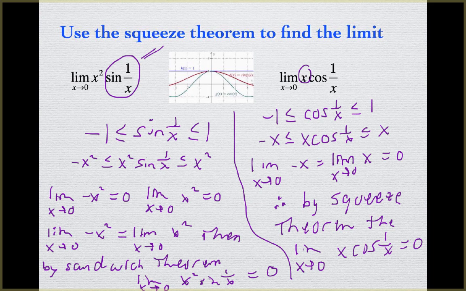Break that function down into something we know the limits of or what it's bounded by, and then we find functions that we can multiply into it so it equals the initial function. In this case, I had to multiply by x to get that negative x less than or equal to x cosine of 1 over x less than or equal to x. Find the limits of the outside functions, and that shows that the inside function is squeezed or sandwiched between them and has the same limit.